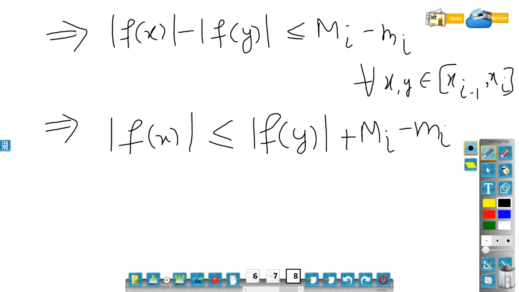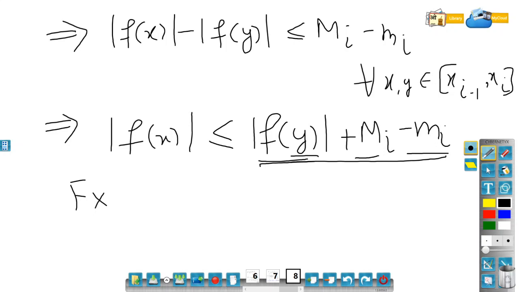Now what I will do is fix y here. If I fix y, then f of y will be constant. Capital Mi is constant, small mi is also constant, so the entire thing will be constant. So mod f of x will be less than or equal to a constant. That means that constant is going to be an upper bound for mod f of x.